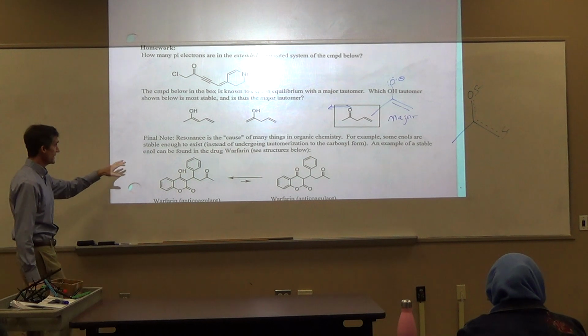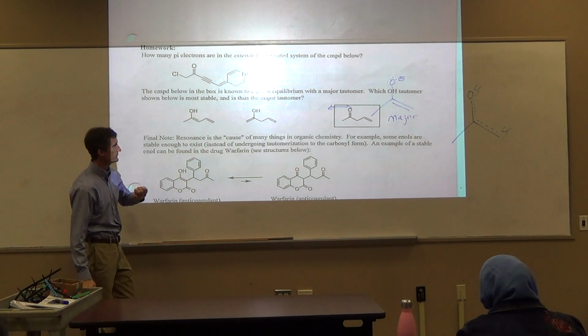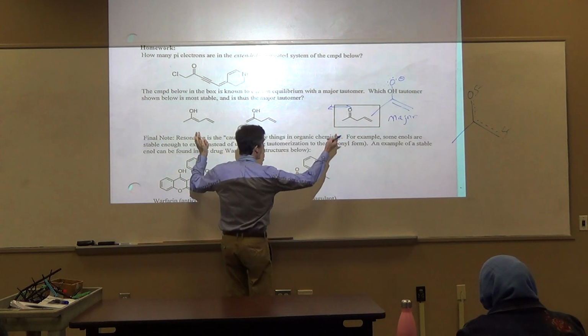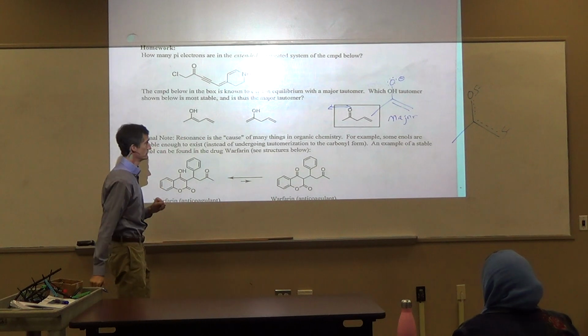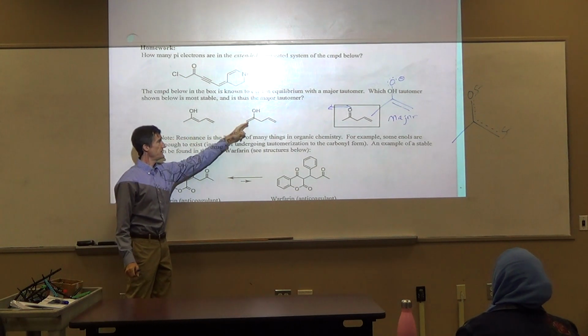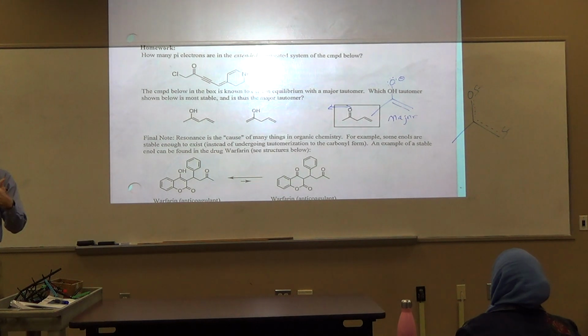Some enols are stable enough to exist instead of undergoing tautomerization to carbonyl form. Okay? Up here, ketone form is favored. Of these two, this one's better. The ketone form is still favored. That's what we said. Carbonyl form is favored over enols, right?